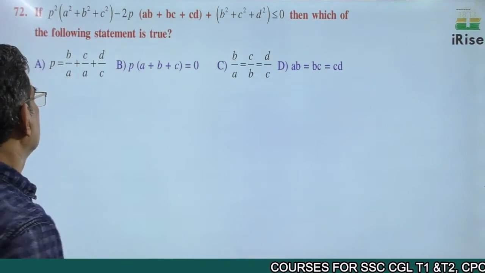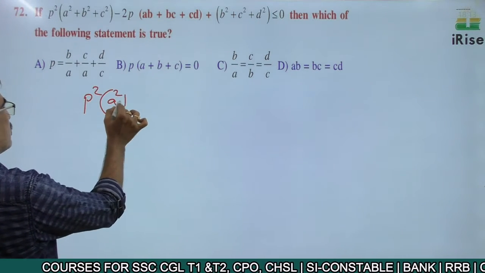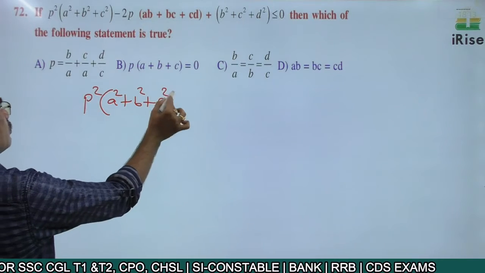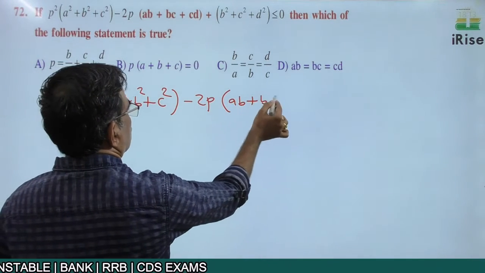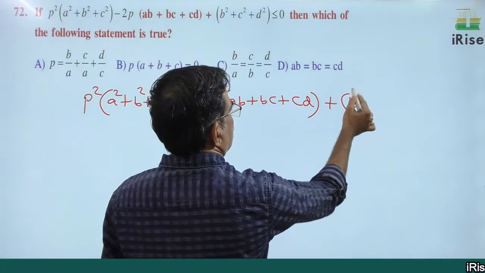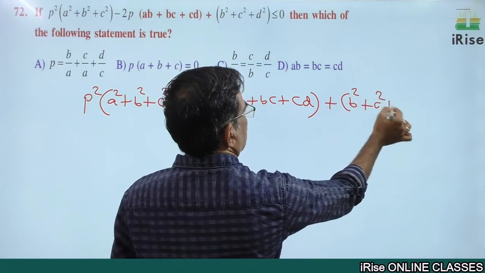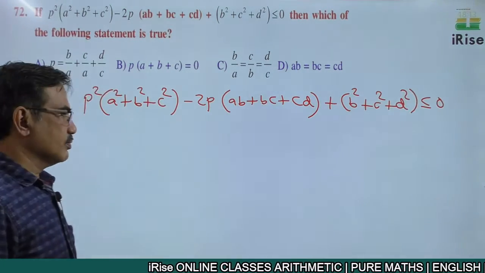Here, the question is p square into (a square plus b square plus c square) minus 2p into (ab plus bc plus cd) plus (b square plus c square plus d square) less than or equal to 0. This is the condition.